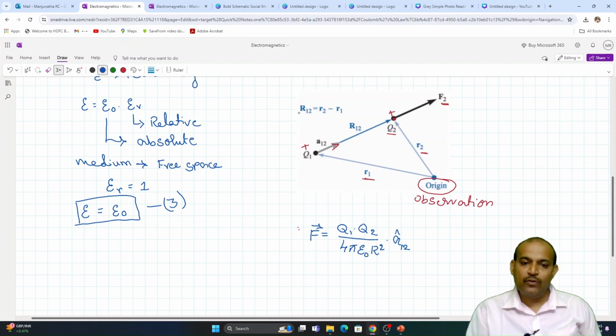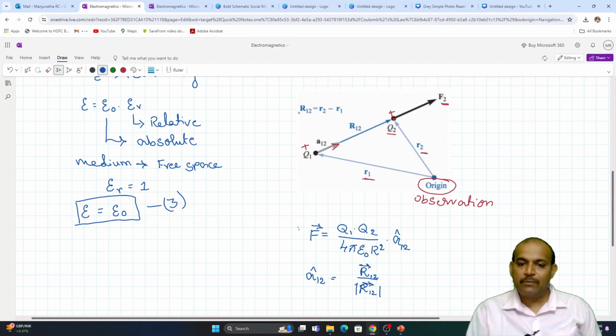Similarly, now I want to calculate the unit vector a12. We all know that a unit vector is any vector, here the distance vector between those two from 1 to 2, divided by the magnitude of that vector, that is R12.